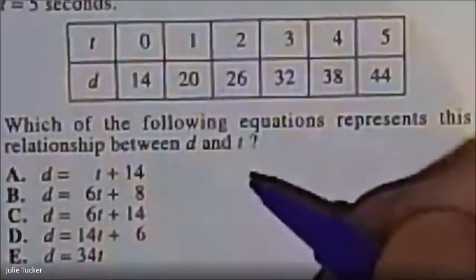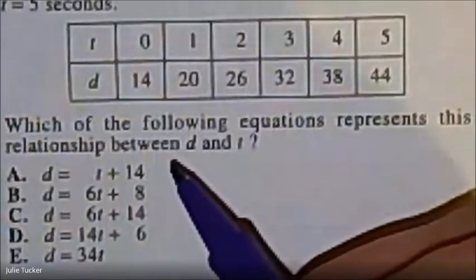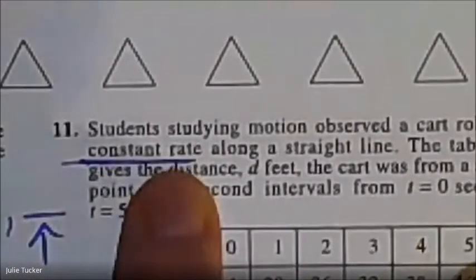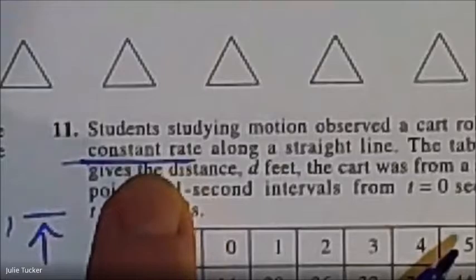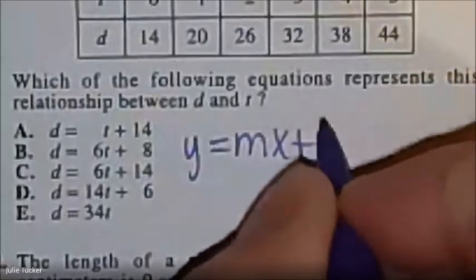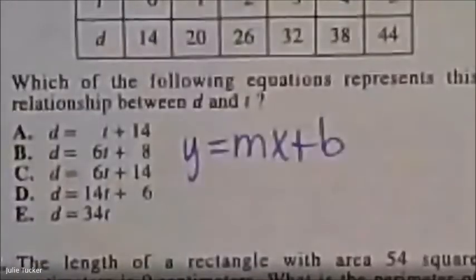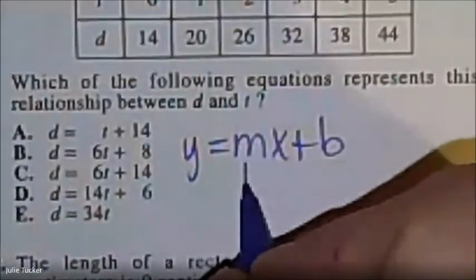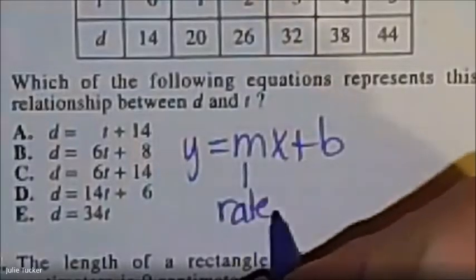I'll remind you. If it's got constant motion, they said a constant rate, so it's linear. Then linear equations are usually y equals mx plus b. The m will be the rate, like the speed.